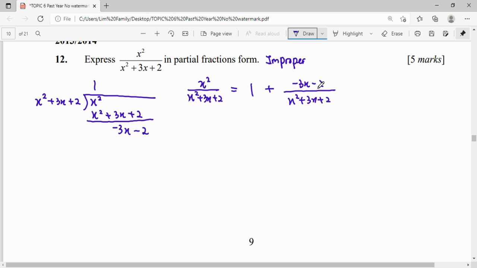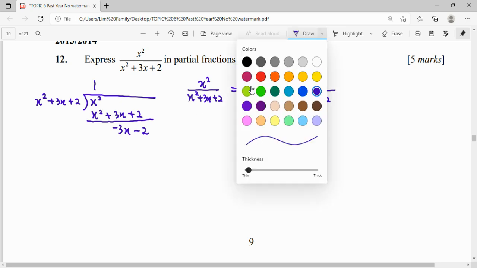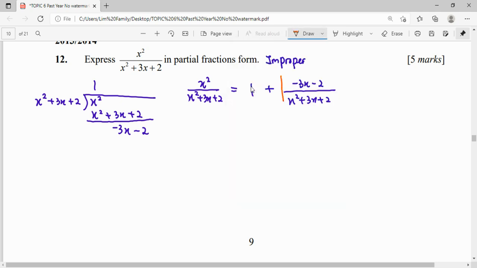Now you can identify where's the proper. So originally this fraction is improper, but after we do our long division, we can notice our remainder part here becomes a proper fraction, where we can read our numerator is linear and our denominator is quadratic.